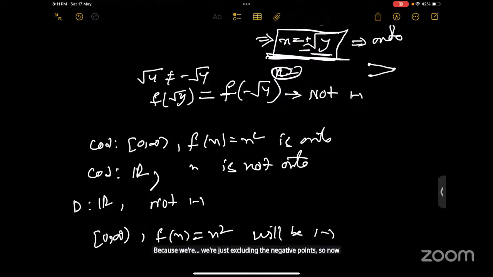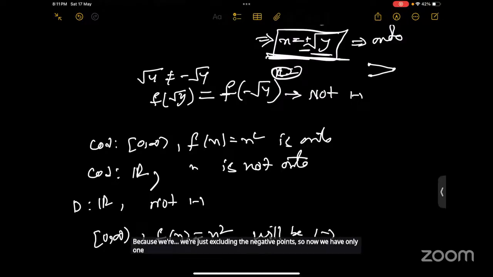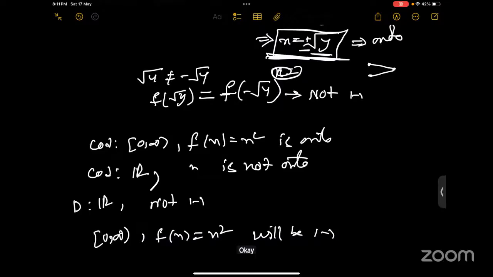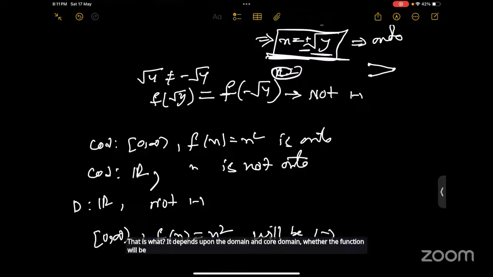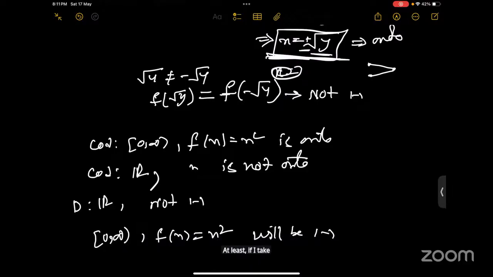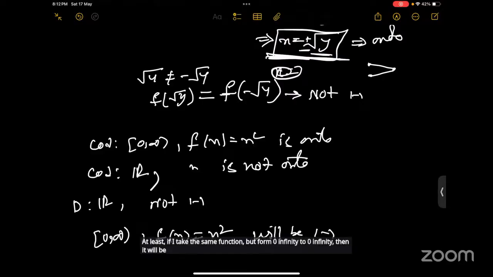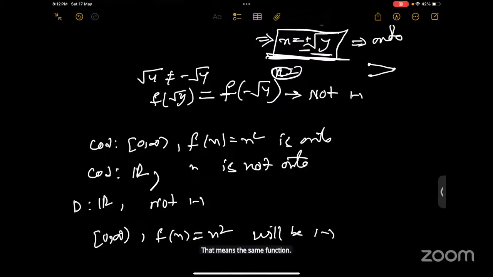So now we have only one pre-image for one point, and we have a pre-image for each point. It depends upon the domain and codomain whether the function will be one-one onto or not. If I take the same function from 0 to infinity to 0 to infinity, then it will be both injective and surjective. That means the same function will be bijective.